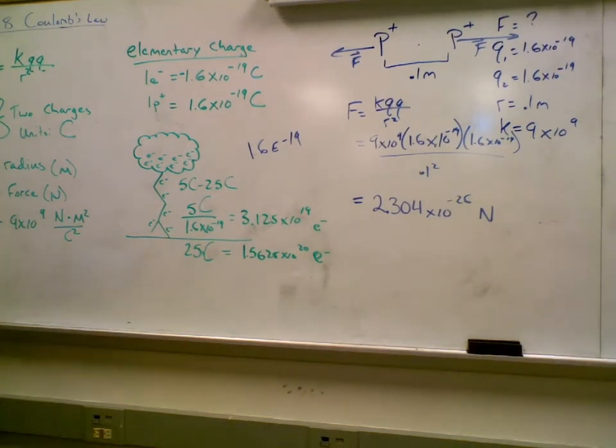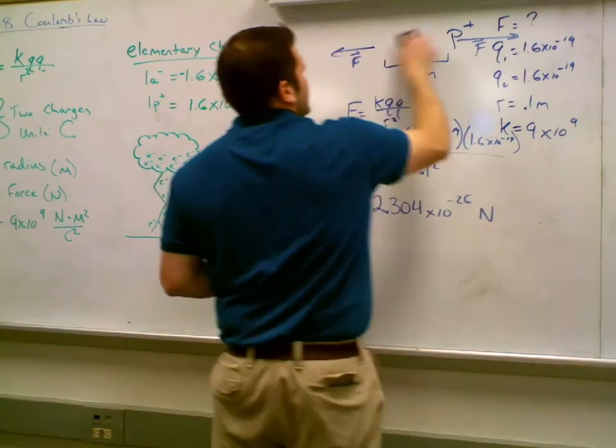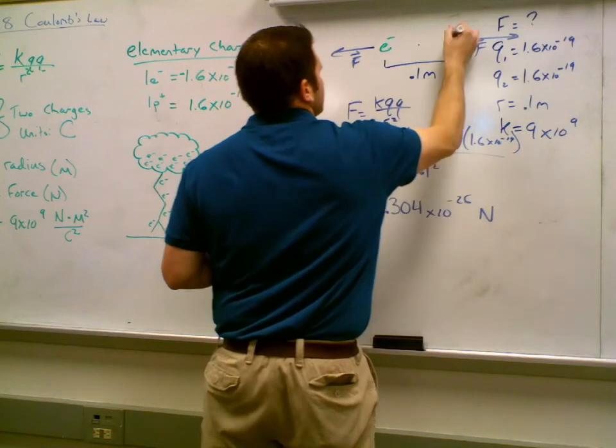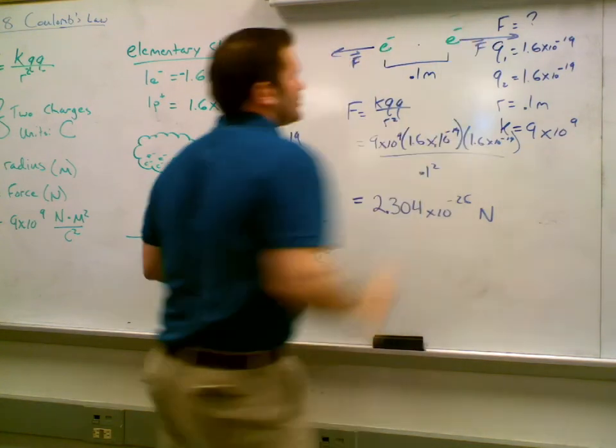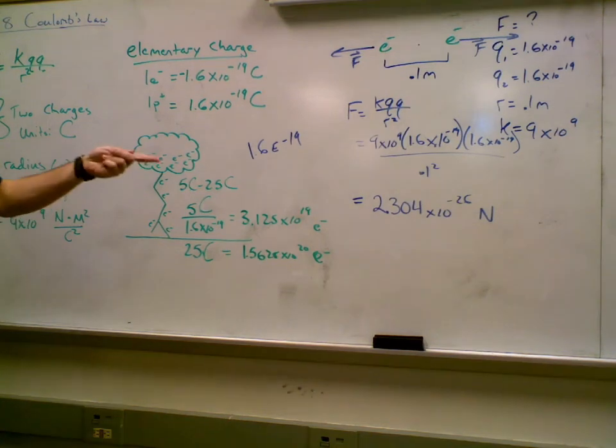Now, how does this problem change if I switch these to electrons? It's the same. Are their forces still away? Okay, but I'm going to have a negative number, aren't I?